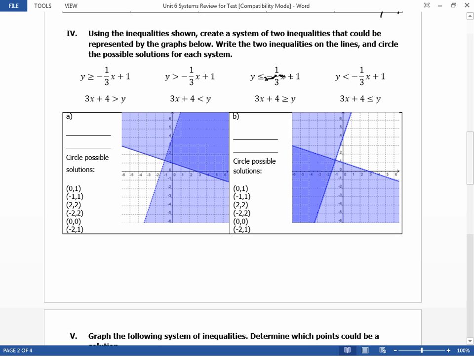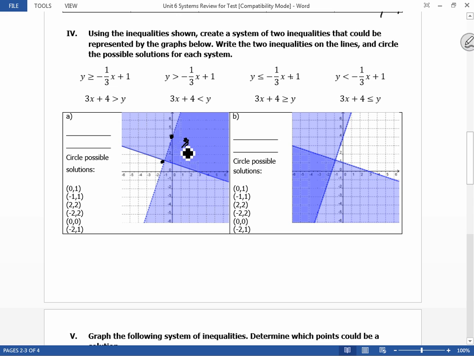Graph the inequalities shown. Create a system of two inequalities that could be. So basically, we're going to drag these into here to get the inequalities. What we need to do is look at the graph and figure out what the equation is. For this one, the y-intercept is positive 4 and the slope is 3.